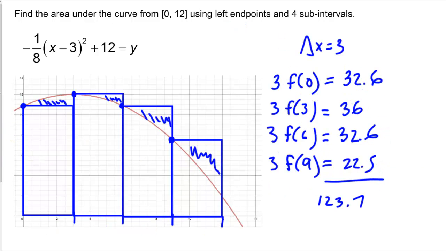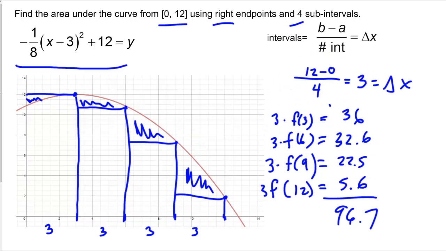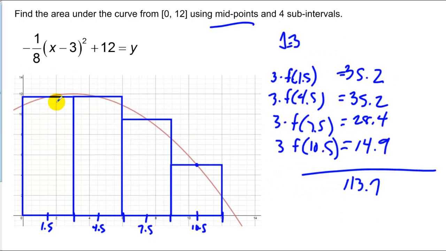Here's 123, 96, and 113 is a much better approximation because little over, little under, a little bit more under, a little bit more over, a lot more under, but a lot more over. So hopefully this is pretty close to the exact.